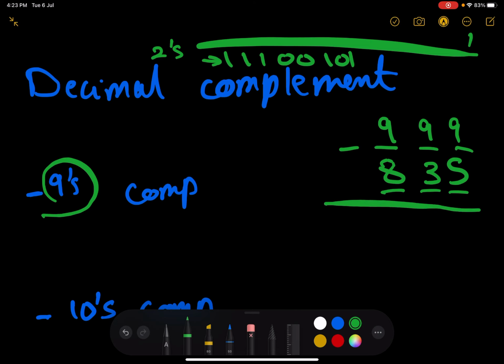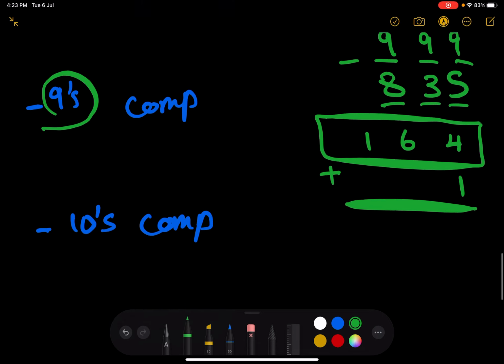Subtract these and then you'll get 164. So this number is your 9's complement in this system, and for the 10's complement, just add 1 to this number, you'll get the 10's complement.